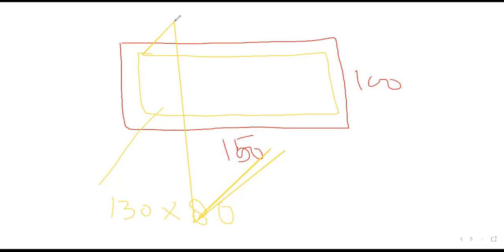The largest circle that can fit in this rectangle has a diameter of 80 feet, because this is the inside 80. Now if we are just putting the circle over here, look at this. The largest circle can be drawn in this way.